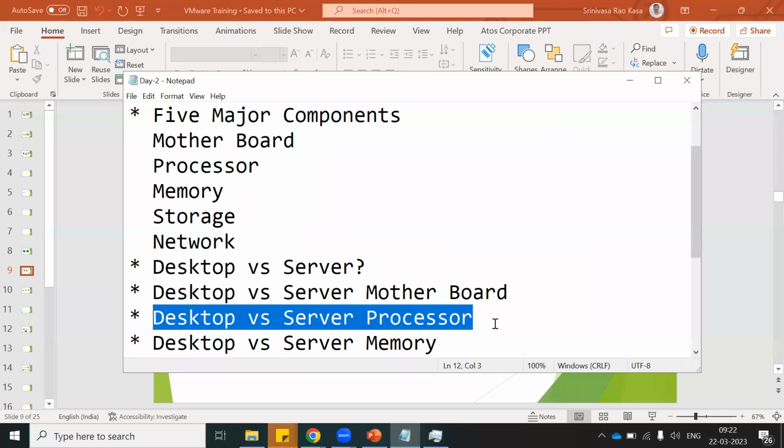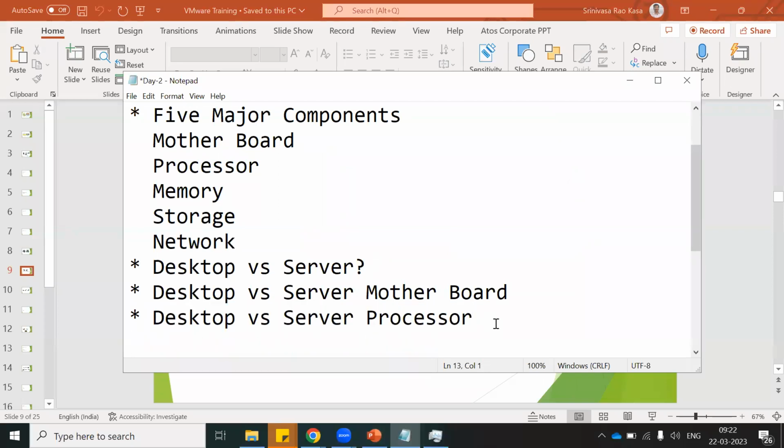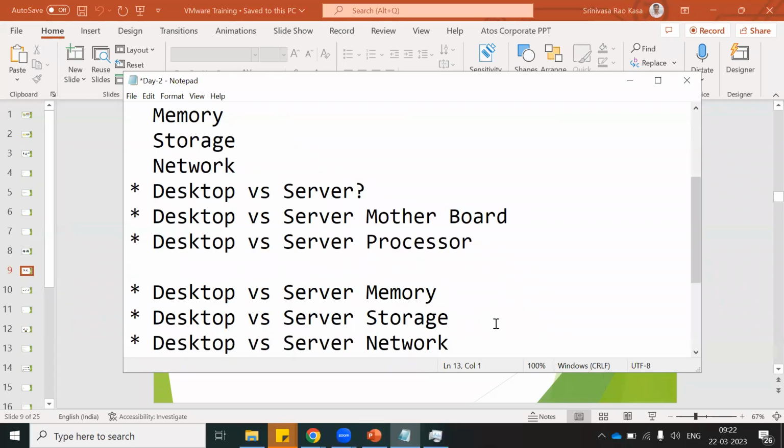In this particular processor, while talking about mobile configuration, my mobile is a quad core processor, octa core processor. What is that configuration? What does it mean? What is quad core? What is octa core?